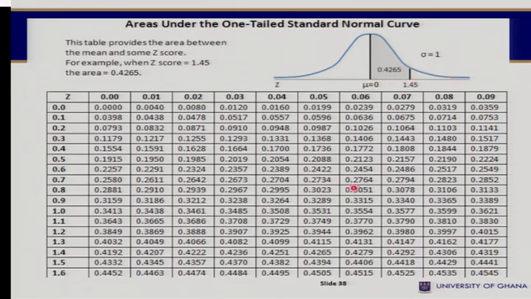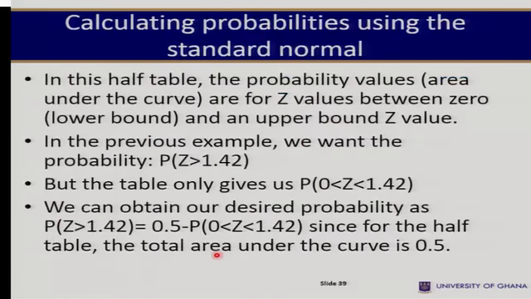Since this table gives us the area from z equal to 0 to z equal to 1.42 that we are interested in, we just come here and read 1.4 and 0.02. This gives us 0.4222. So to find the area to the right of 1.42, it's simply 0.5 minus 0.4222. And when you do that, as you can see, I've indicated that.